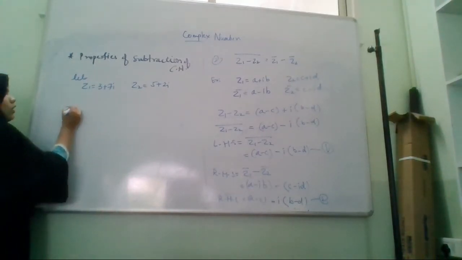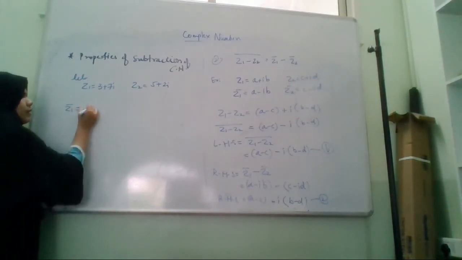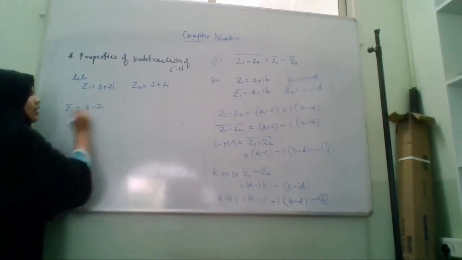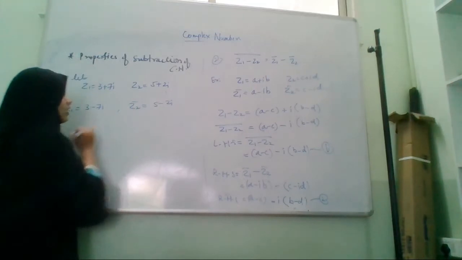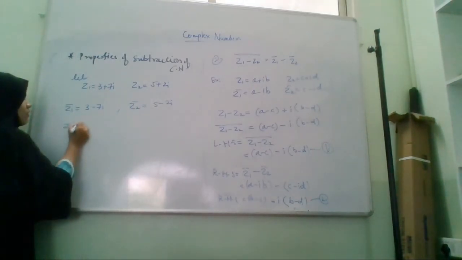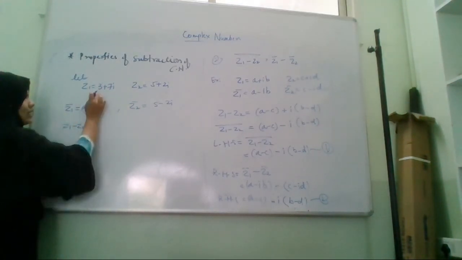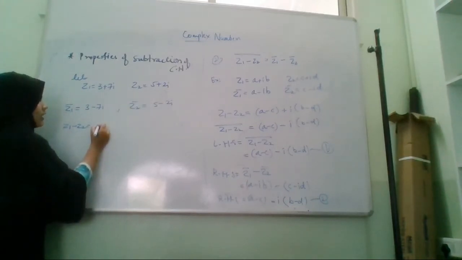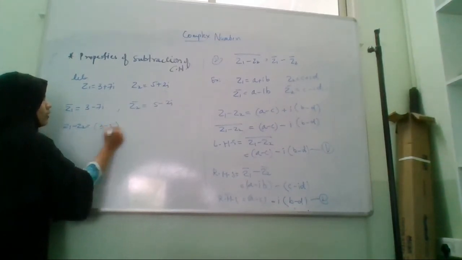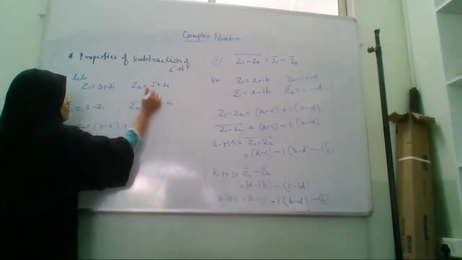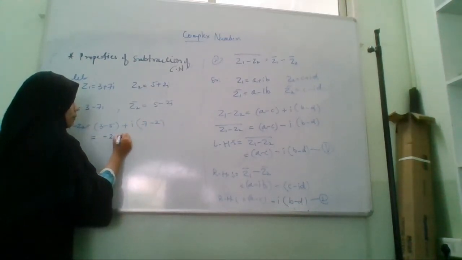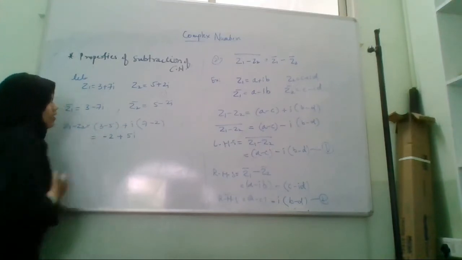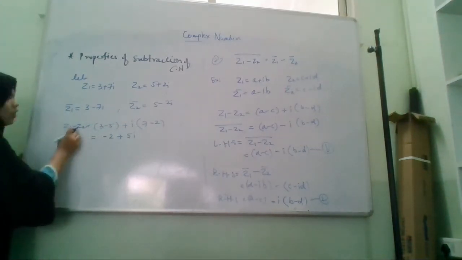So Z1 bar, the conjugate, will be 3 minus 7i. What will be Z2 bar? It will be 5 minus 2i. Now what will be Z1 minus Z2? 3 minus 5, plus I times (7 minus 2). So this is minus 2 plus 5i. Now we require the conjugate of this.